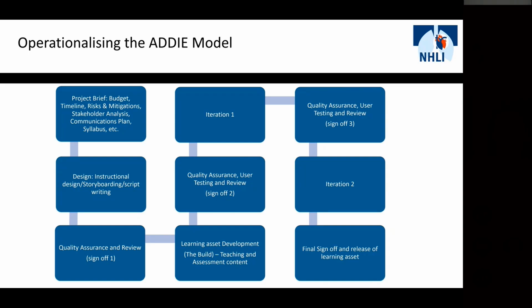The purpose is really to fix those, I'll call them minor errors that may occur during development. It's really not to change the scope of the learning asset in question.